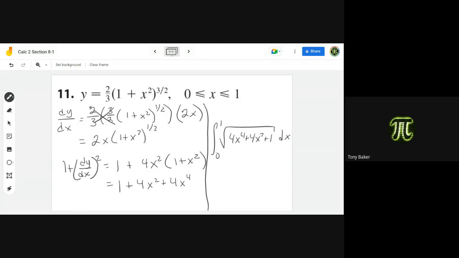So I have dy/dx squared, which should be 4x squared times 1 plus x squared, equals 4x squared times 1 plus x squared dx.